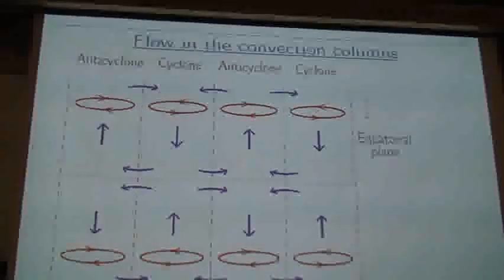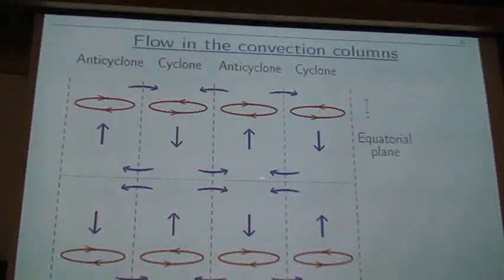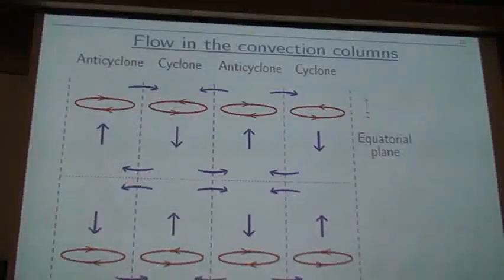Well, near the equator, Bz is going to be vectored in here and vectored in there, so you can see that Bz is going to be concentrated in the anticyclones, and Bz is going to be weaker in the cyclones, so the magnetic field itself will have a periodic behaviour, being Bz stronger there, Bz weaker there. If you work out what happens to B phi, it's just the opposite. You get B phi stronger in the cyclones and B phi weaker in the anticyclones.